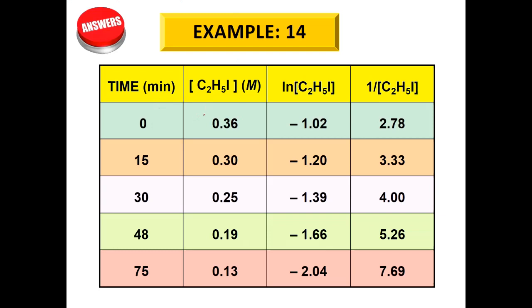From the data, you have to find out all the values for ln C2H5I and 1 over C2H5I. You can use the calculator to get the values.